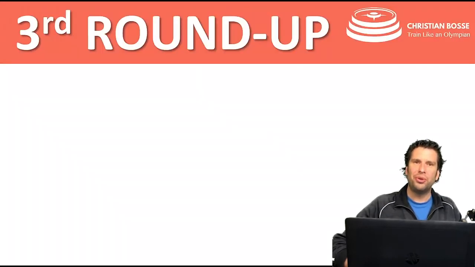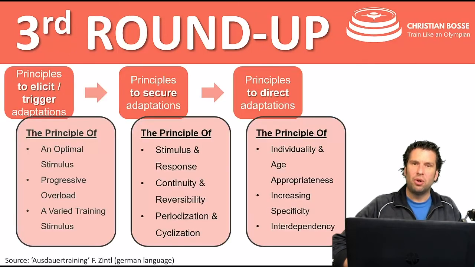Which brings me to the third roundup. We've gone through the different training principles, and I've outlined that concept of training principles having a specific purpose. We started with the first three principles that are meant to elicit adaptations: the principle of an optimal stimulus, progressive overload, and a varied training stimulus. We went through the training principles that secure adaptations: the principle of stimulus and response, continuity and reversibility, and periodization and cyclization.